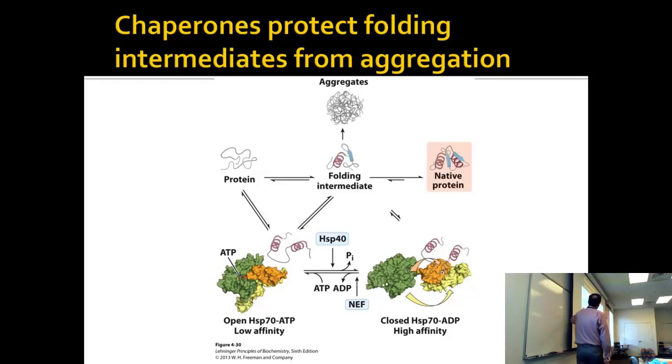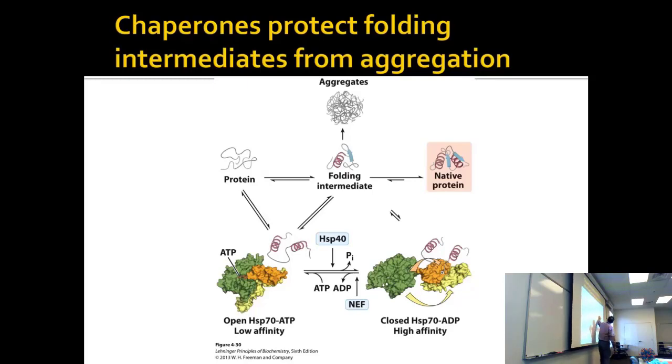So the main thing is, what you're doing is you're binding folding intermediates. So like if you have the native protein, it needs to form from the unfolded protein, and has to go through a folding intermediate. And what the chaperones do is they bind this.